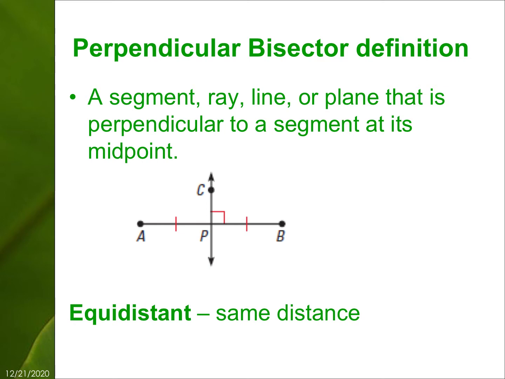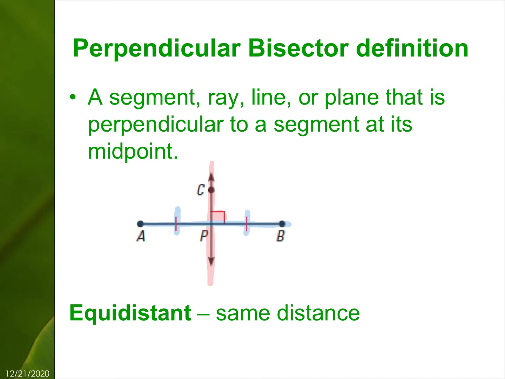So in this picture, CP is going to be the perpendicular bisector of segment AB. Notice what we're going to look for is this right angle, indicating that, number one, it's perpendicular, and another thing that we'll look for is that it splits segment AB into two congruent segments.